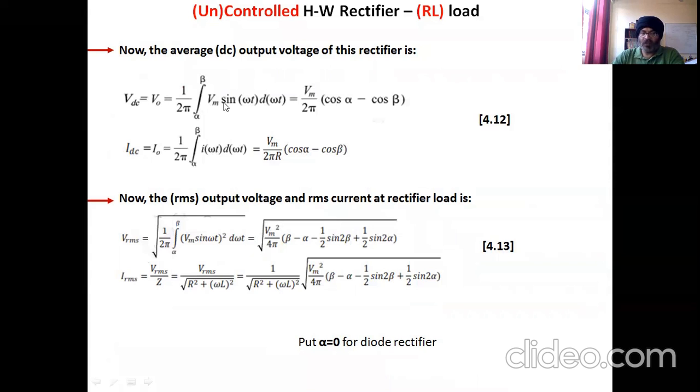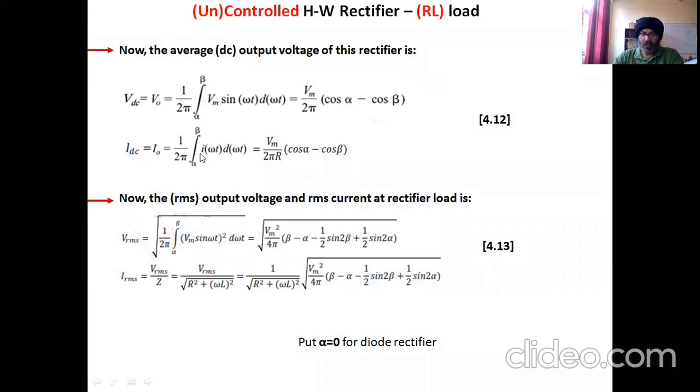Same way voltage also, Vm sin omega t, alpha to beta, we can easily find out, as we have done in the pure resistive case. In the pure resistive case, it was alpha to pi, but in this case, it is alpha to beta. That's the only difference. So an inclusion of parameter beta in case of inductance in the load.